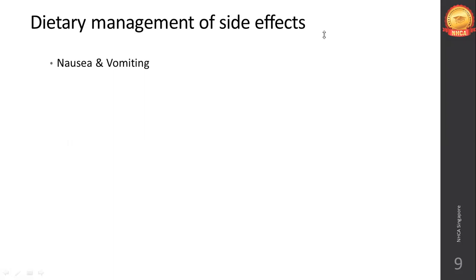Can you give some food examples from Indian cuisines that are pretty dry in consistency, with very little water content? Yes, rotis, parathas, toast, rusk.